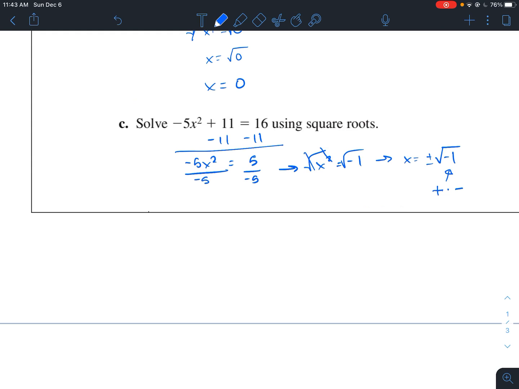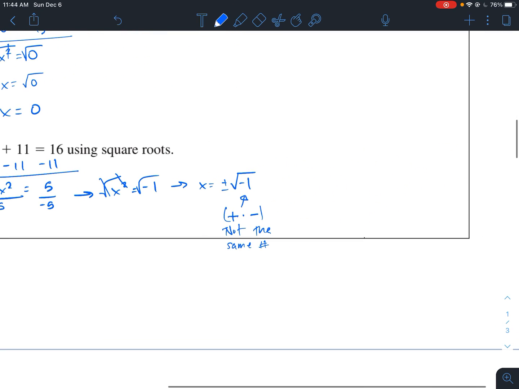But that means these are not the same number. Therefore, there is no real solution to the square root of a negative number. So, no real solution.